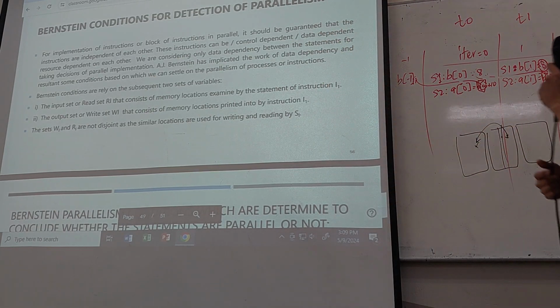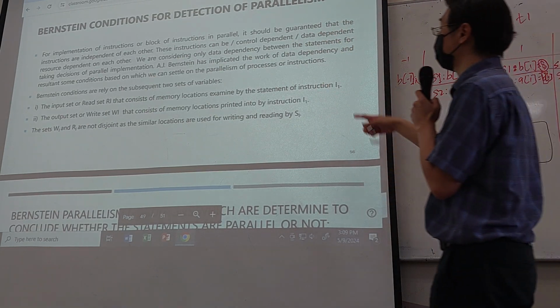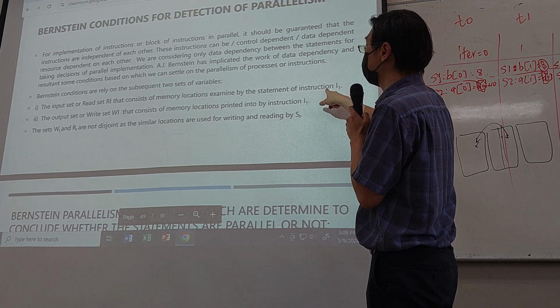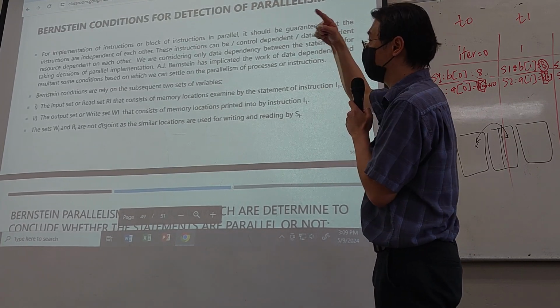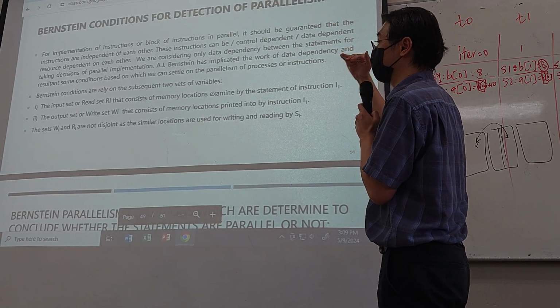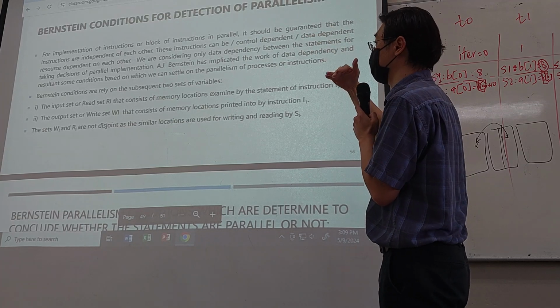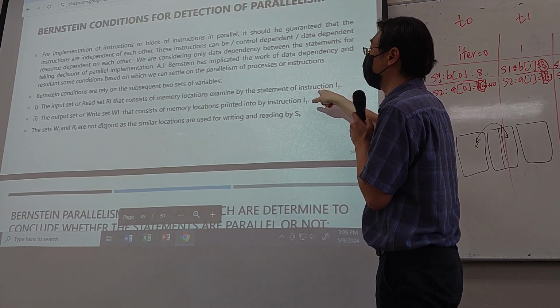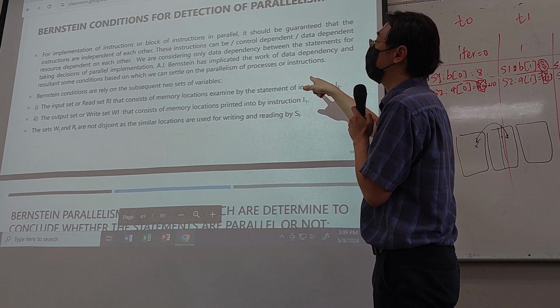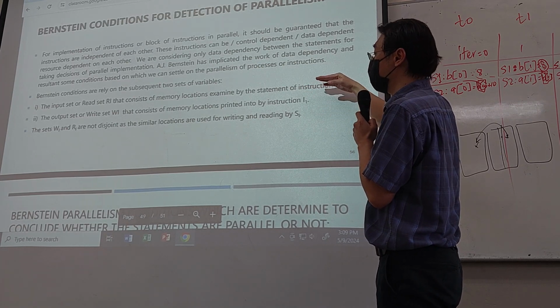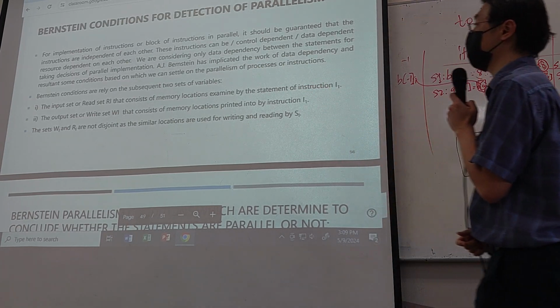Now we repeat it here, but right now we are talking about the instruction or the statement. Before we were talking about the dependency between iterations, but right now we are going to talk about the parallelism within the iteration itself.